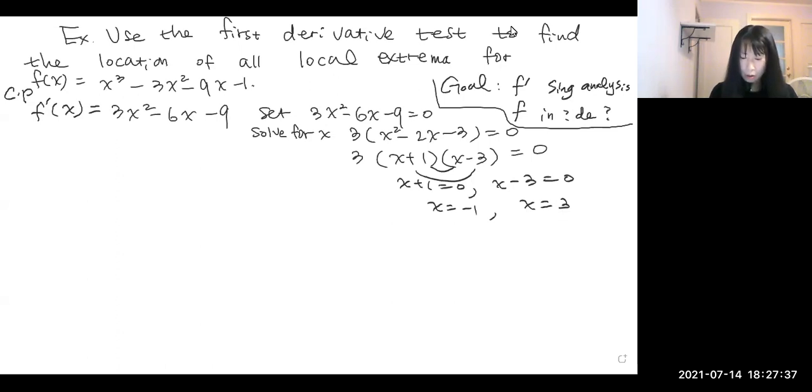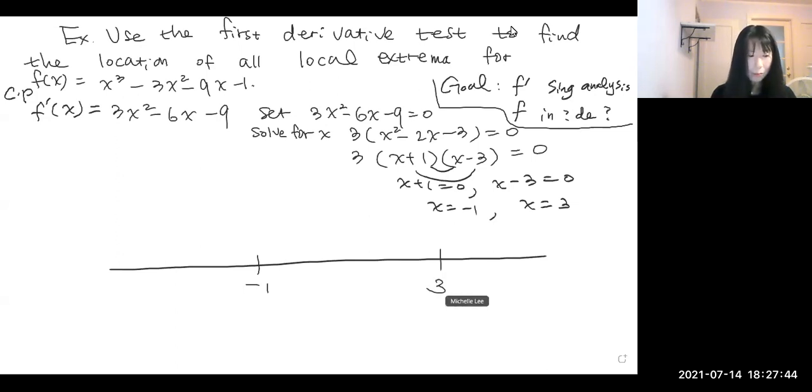Now, we do sign analysis. So let us write down negative 1 here and positive 3. Now, what do you want to pick from the region before negative 1? You can pick any number. Easier is better. Negative 2, you meant? Okay, so we're going to pick negative 2.